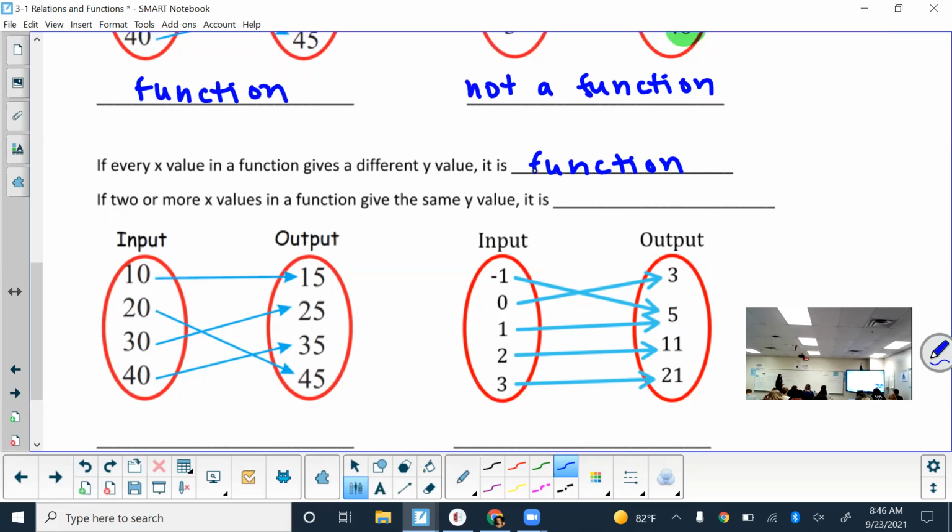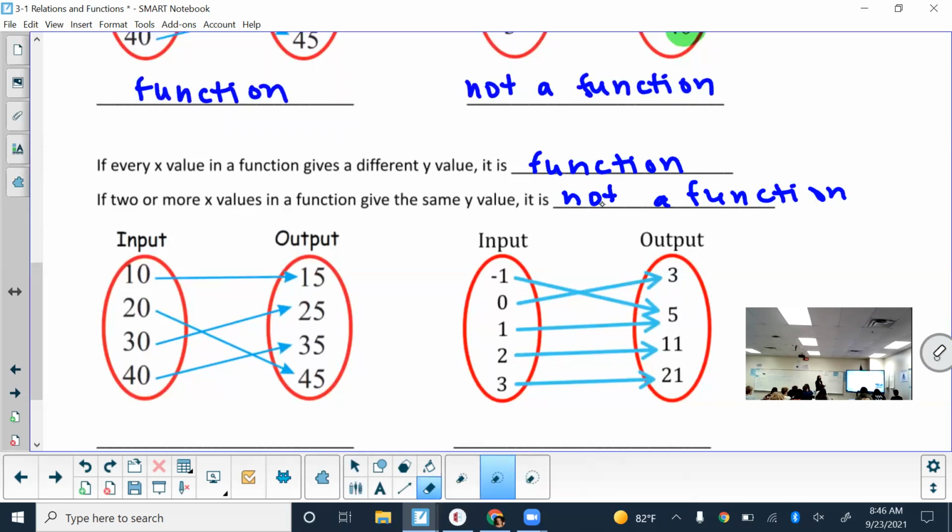All right. If 2 or more x values in a function give the same y value, is it a function? Wait, I think I messed up. Let me backtrack. I did not read that as carefully as I needed to.